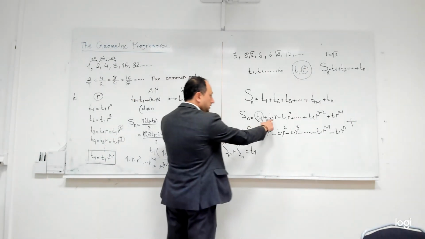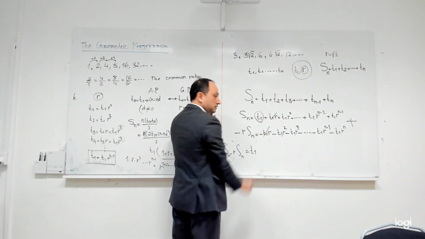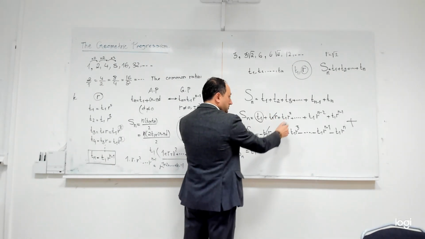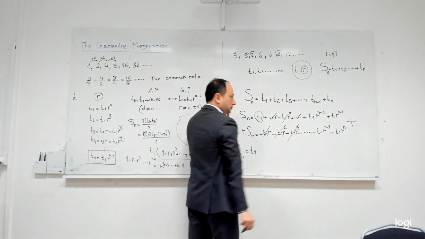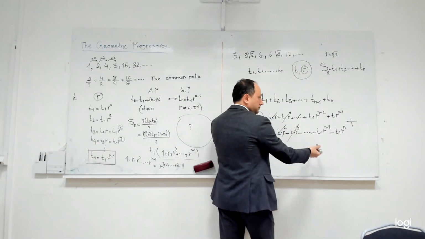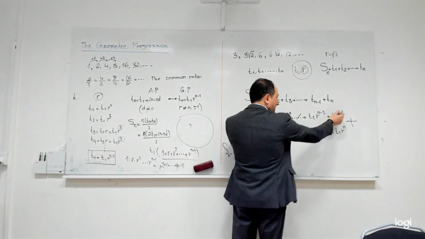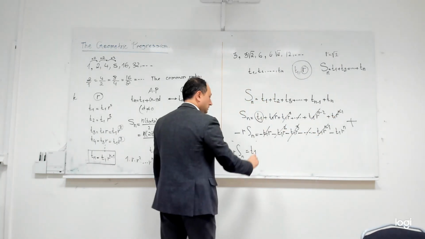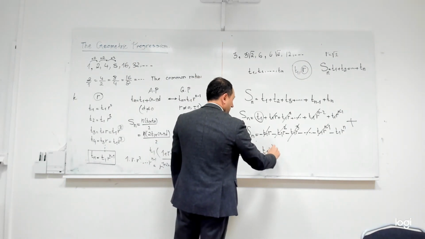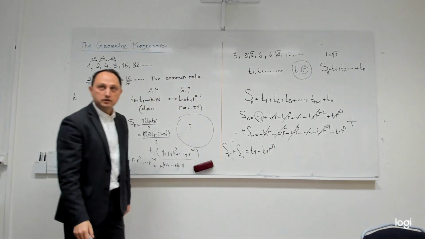Because this one is the positive of this one. And this one will be positive of this one. And this one will be cancelled with the next term. And then what will happen? This one cancels that one. This one is cancelled with the previous one. So another term will survive.